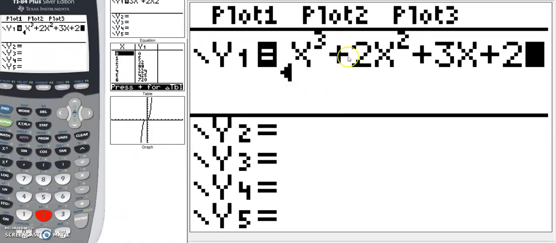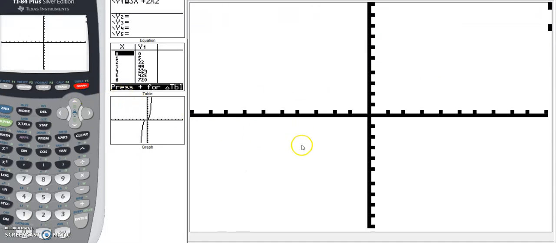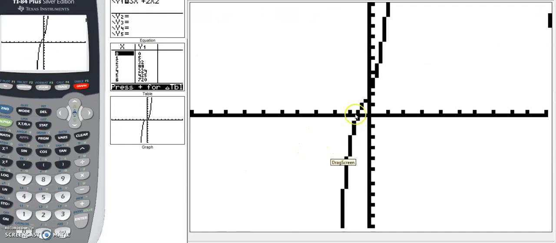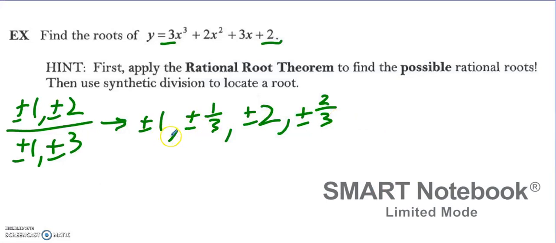All right, so I've gone and put this into my calculator, x to the third plus 2x squared plus 3x plus 2. Let's go ahead and look at the graph. This is exciting, I know. Okay, boom, I see I have a root right here. It's between 0 and -1. So what are my possible roots between 0 and -1? It could be -1/3 or -2/3.